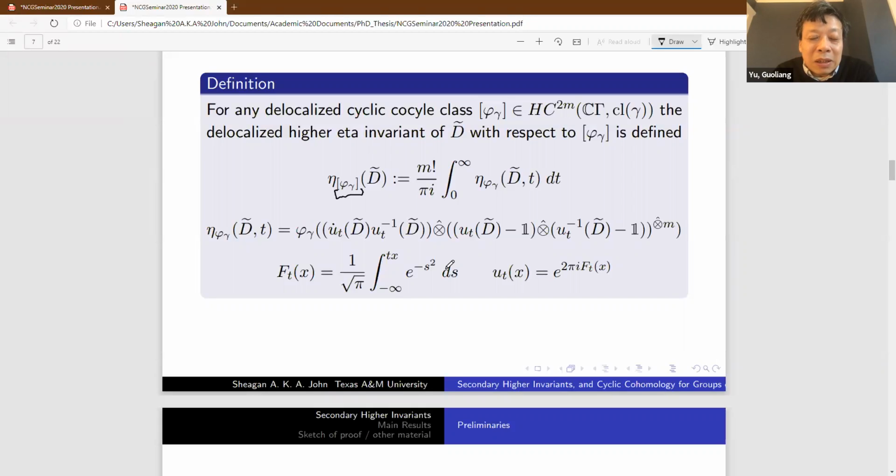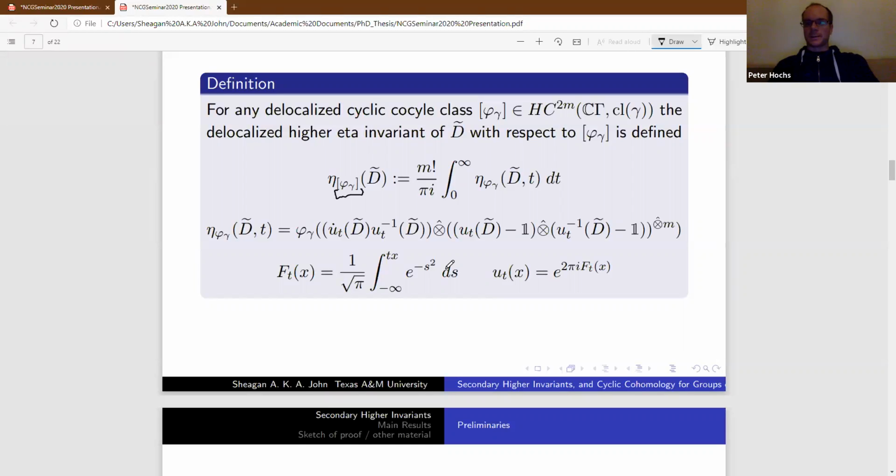So this, in essence, is computing those K-theoretic secondary invariants rationally. I mean, those C*-algebra invariants. Okay, so any other questions or comments?